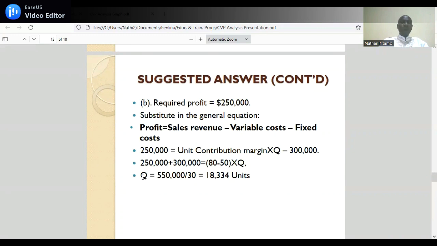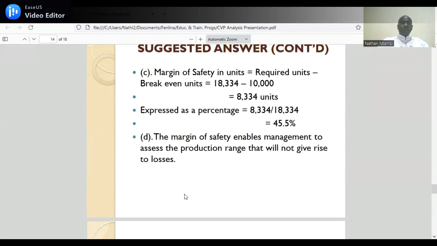And therefore, our quantity is going to be 550,000 divided by the contribution margin per unit, giving us 18,334 units, meaning that for the profitability of 250,000, we need to manufacture and sell 18,334 units.